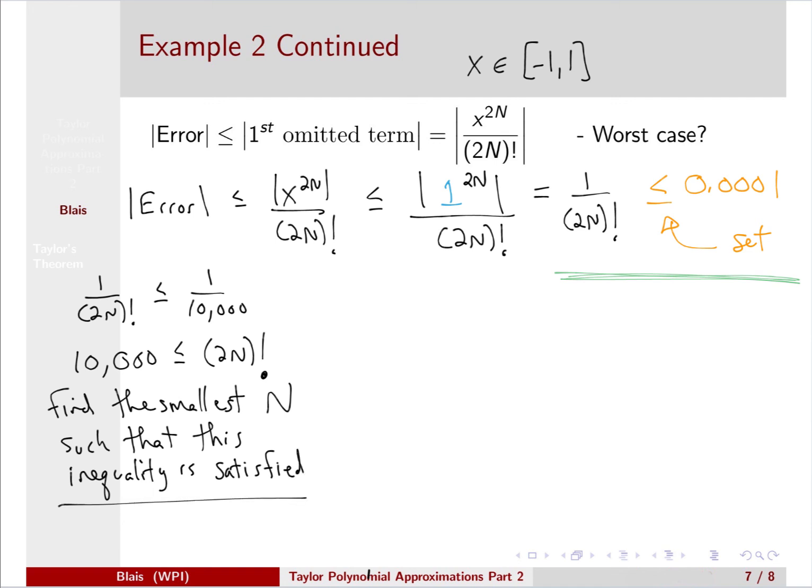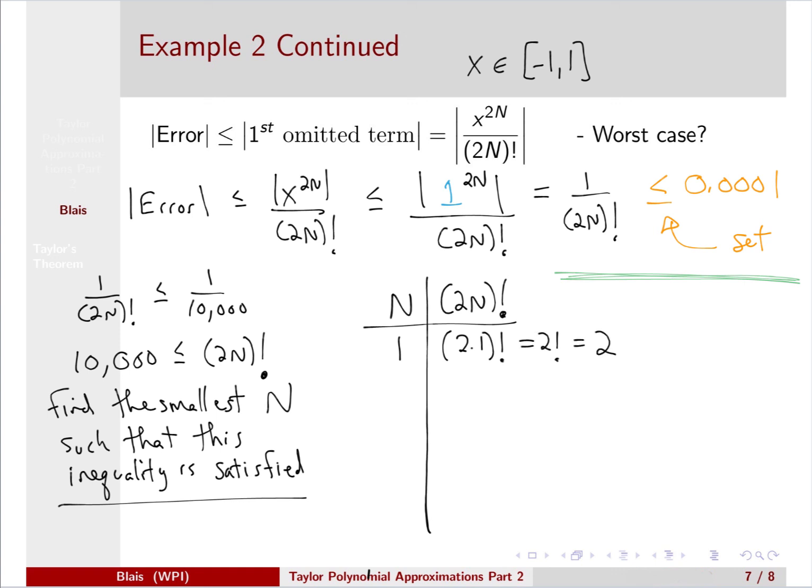And to do so, we can set up a chart. So let's make a chart of n and 2n factorial. And let's start computing some values. If n is 1, then we have 2 times 1 factorial, or 2 factorial, or 2. If n is 2, we have 2 times 2 factorial, or 4 factorial, which is 24.